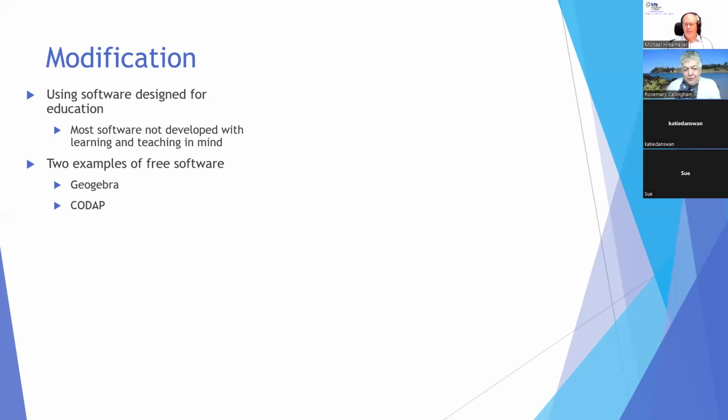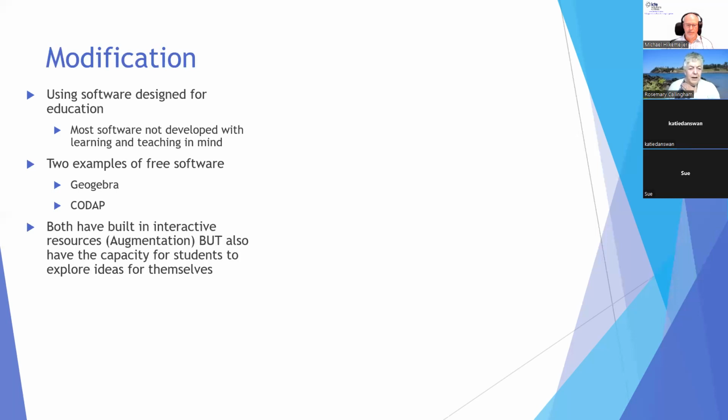Some very good software actually has learning and teaching built into it. GeoGebra is one, and CODAP is the other. I'll talk a little bit more about both of those. They have a lot of built-in interactive resources, which is essentially augmentation. But both of those programs have the capacity for students to explore ideas for themselves or to work in groups exploring ideas, which I think is a better way to go.